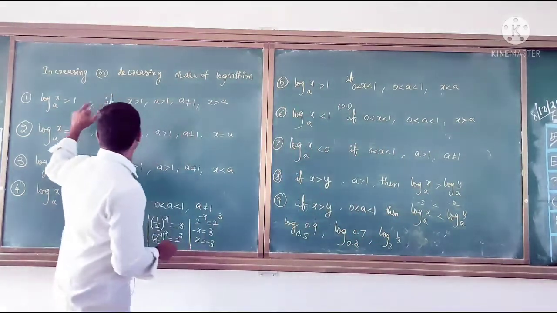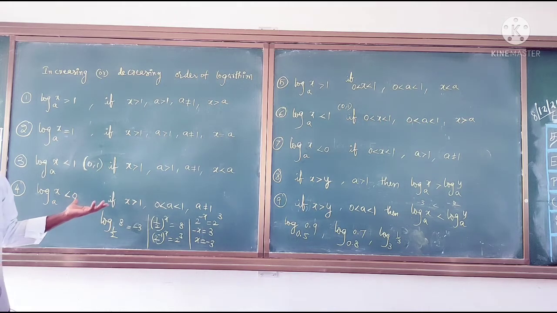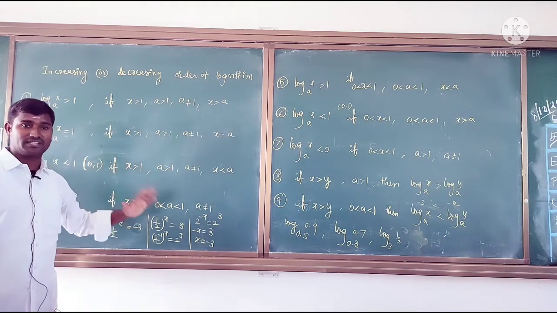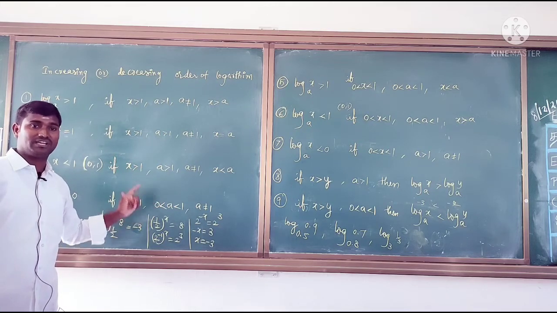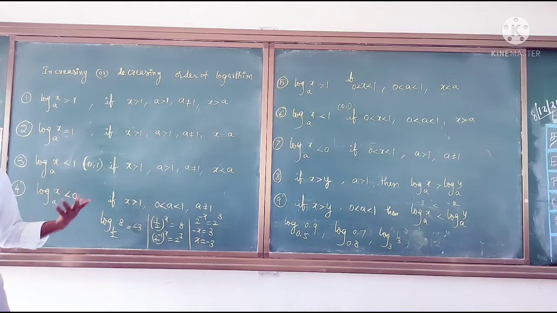Greater than 1 case, equal to 1 case, less than 1 case, less than 0. Try to remember which conditions will give greater than 1, less than 1, equal to 1, and less than 0.